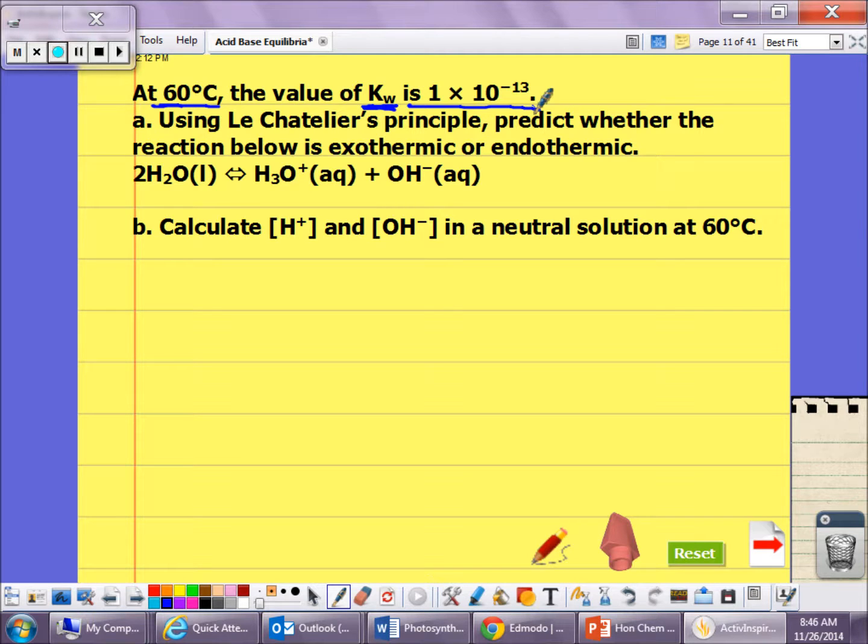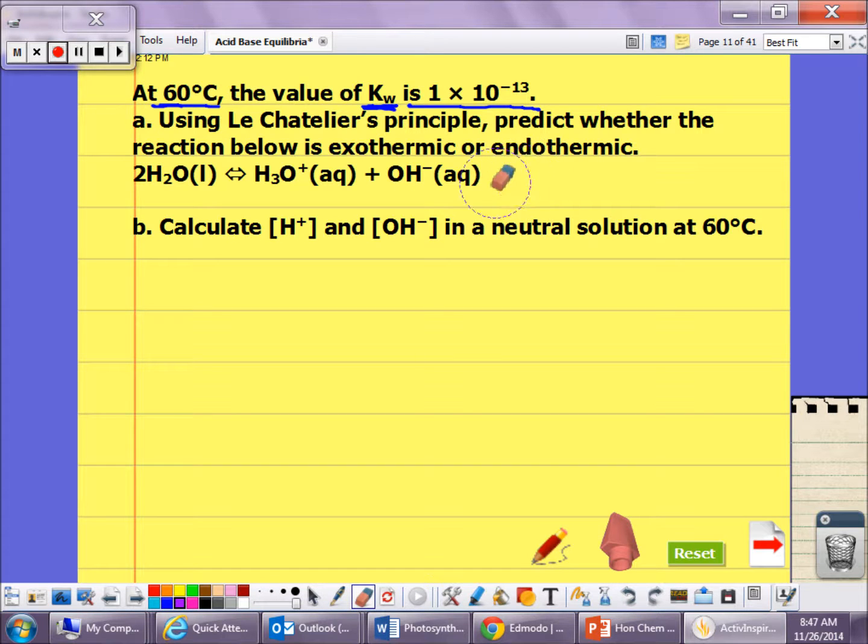So if I have heat right here, let's say for exo, and I increase the temperature, it would shift the equation to the left, making my KW less. So you are right, it is endo.